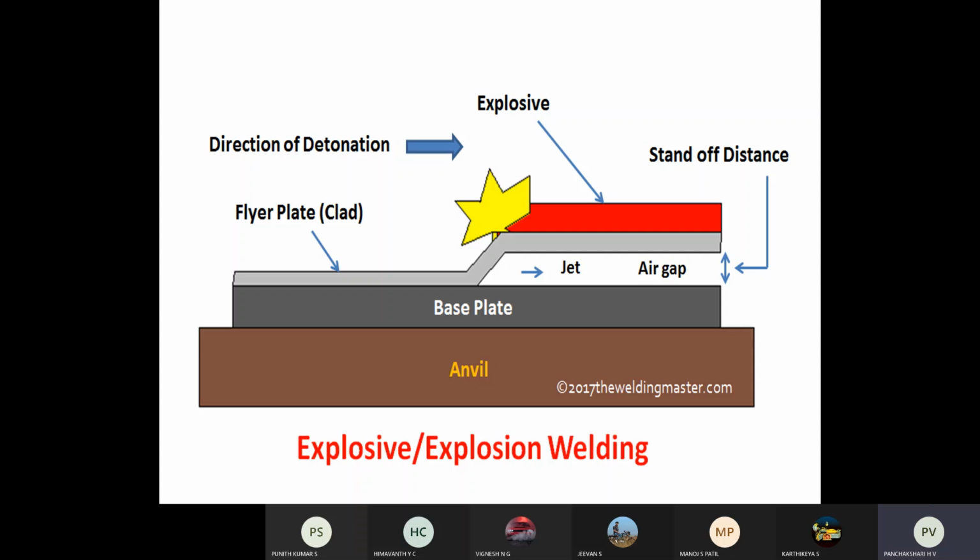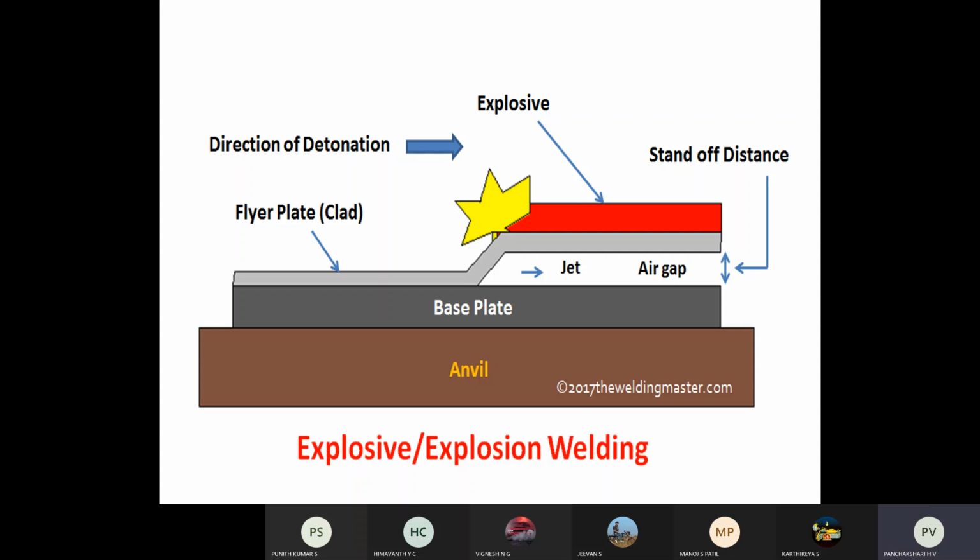Now what is happening here? We are igniting or initiating the explosion. The explosive is placed on this plate, so as soon as the explosive is ignited, the explosion takes place.